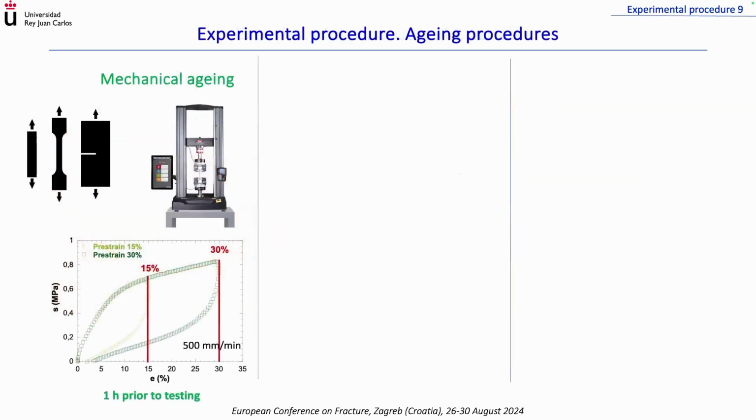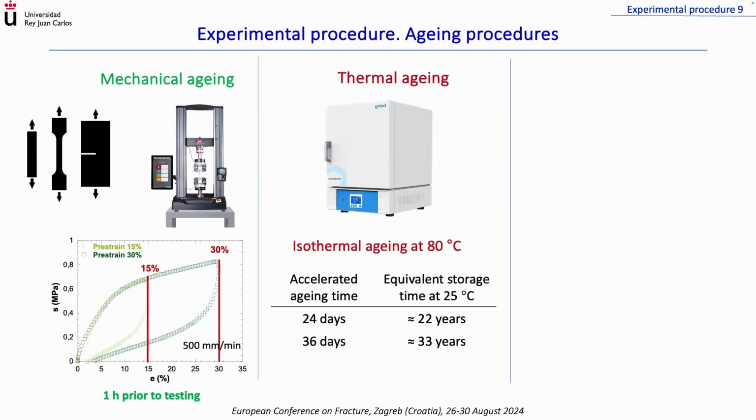Three aging procedures were analyzed. First, a mechanical agent, which consisted in the application of a loading and unloading cycle before the corresponding mechanical test. The levels of prestrain selected were 15% and 30%. Second, a thermal agent, which consists in storing the propellant at a constant high temperature of 80 degrees Celsius for 24 and 36 days.